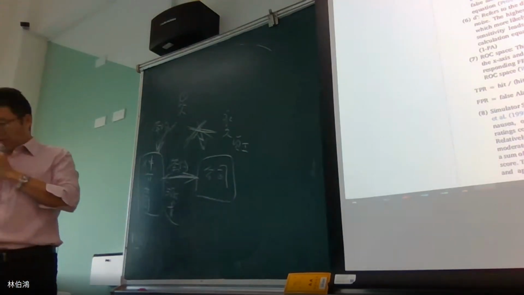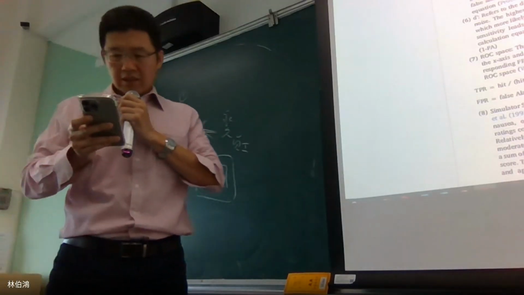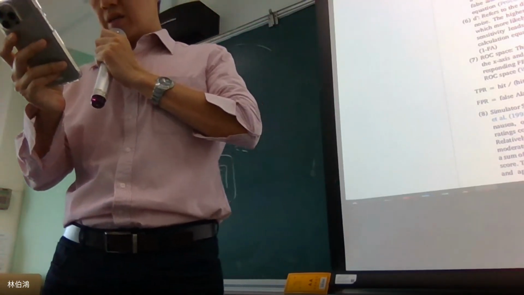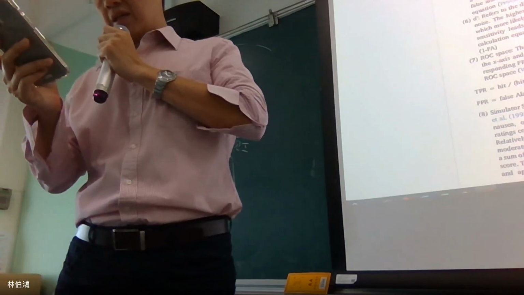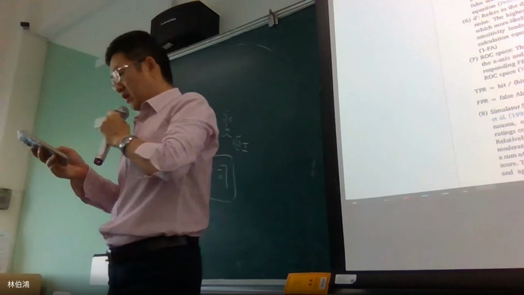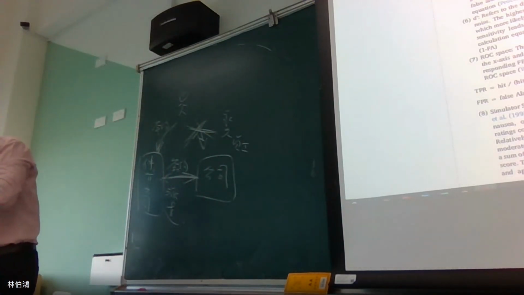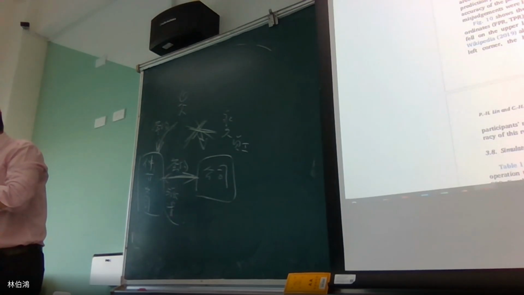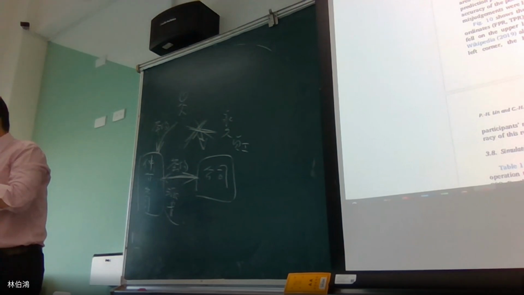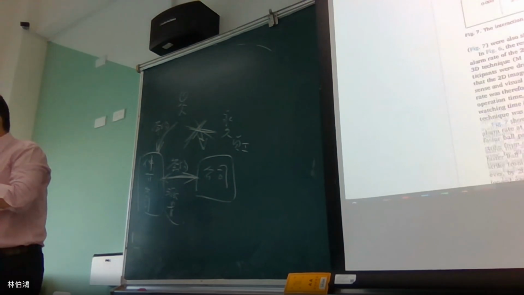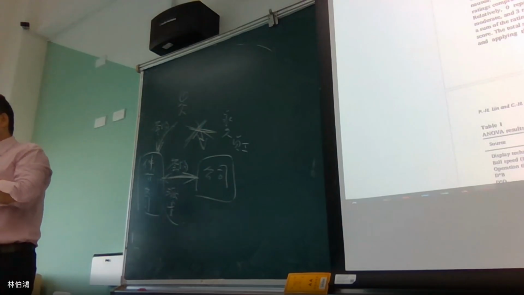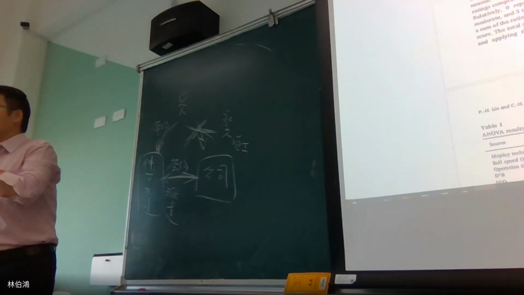Okay, question number 4. What are the horizontal and the vertical axis of ROC space, and why is the accuracy of this study considered reliable? For the ROC space, the horizontal axis is FPR, and the vertical axis is TPR. TPR equals hit divided by hit plus miss.